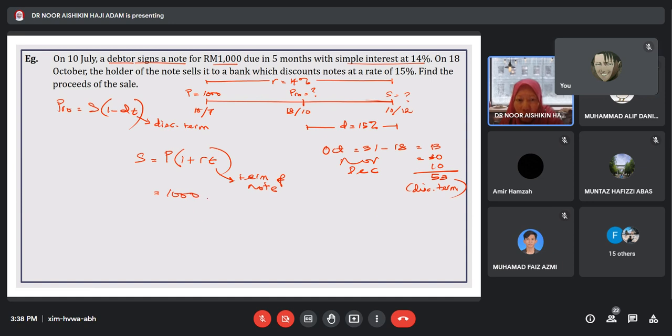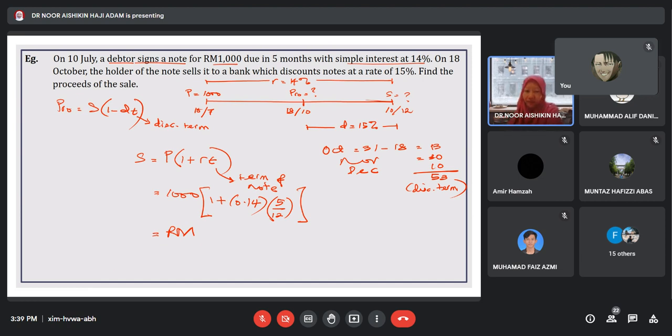Okay. So that be 1,000 principal of the loan tadi times 1 plus the rate is at 14%. Jangan pula you guna yang 15% tu. So 0.14 and the term is 5 months. So 5/12. Berapa tu? Cuba kira berapa?